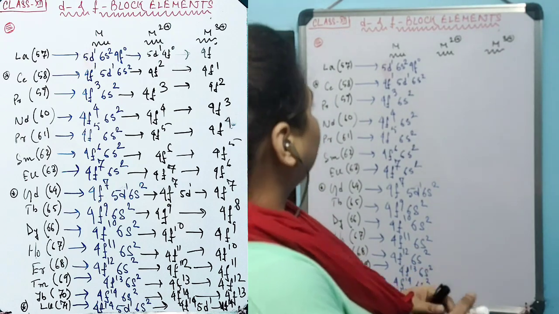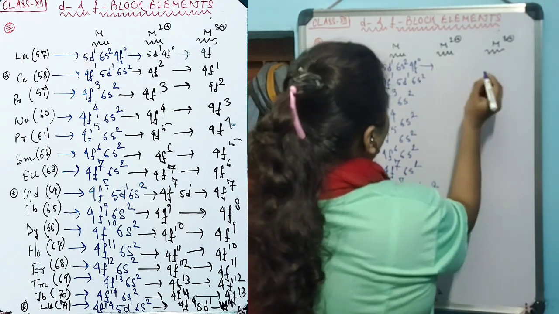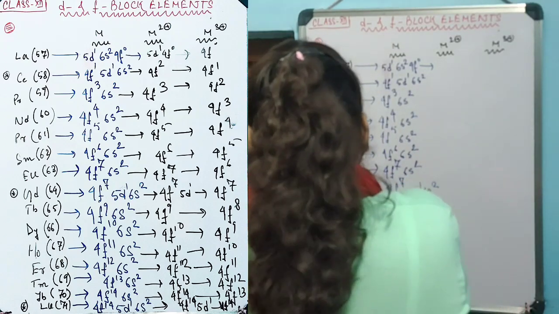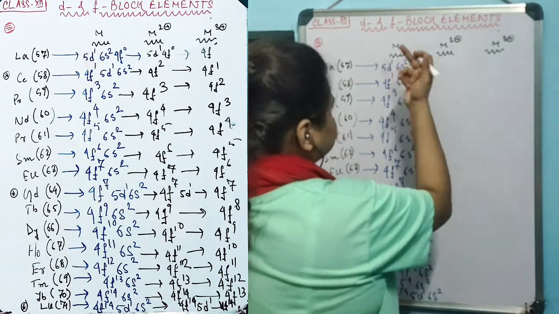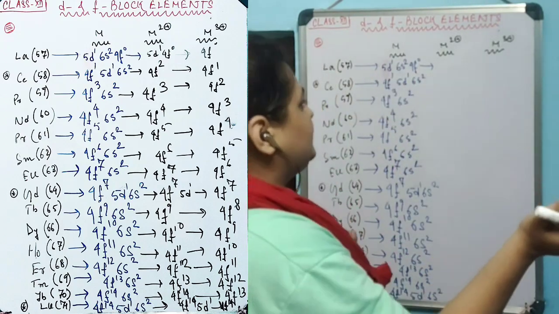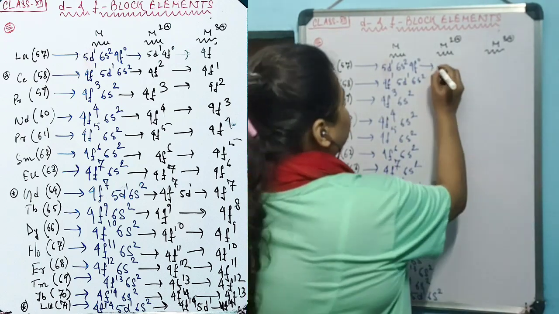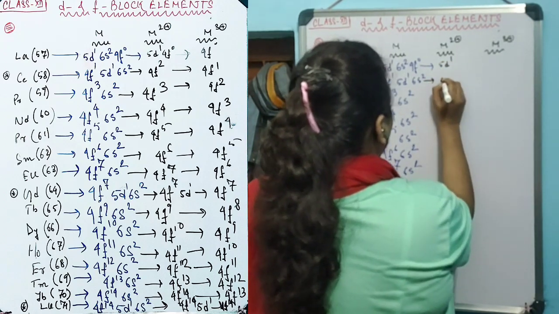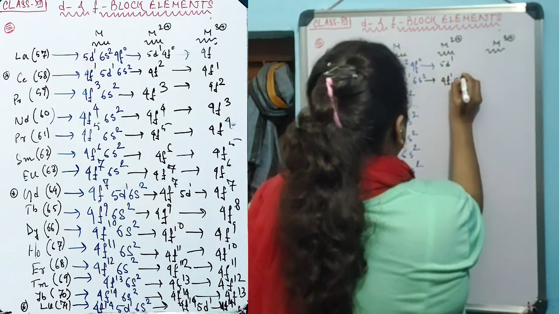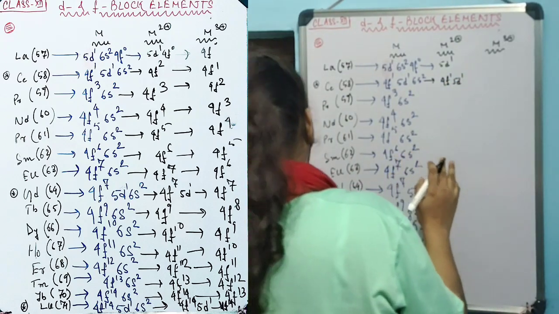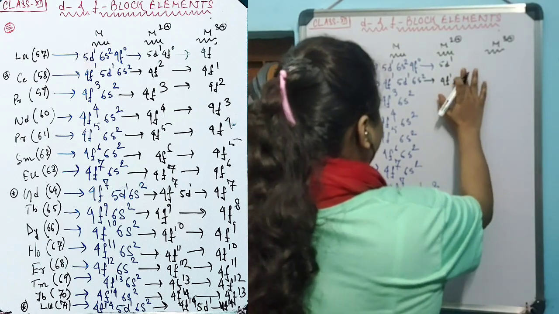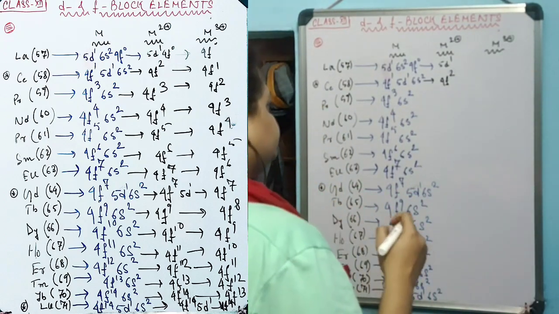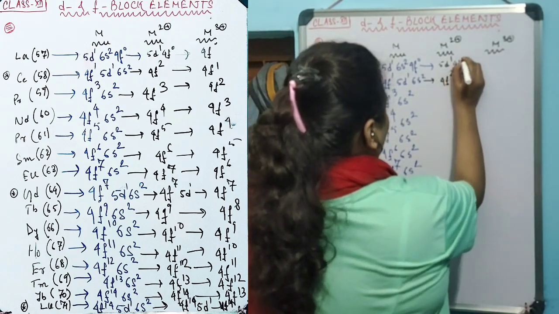Now, what happens to the electronic configuration in the plus 2 and plus 3 oxidation states? In the plus 2 oxidation state, the electrons released first are from the outermost valence shell, the 6s orbital. So for this one the configuration is 4f1 5d1. Then by rearranging, the elements become 4f2, and this one is 4f0.